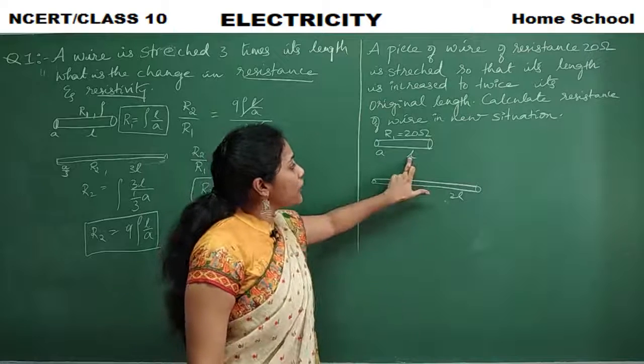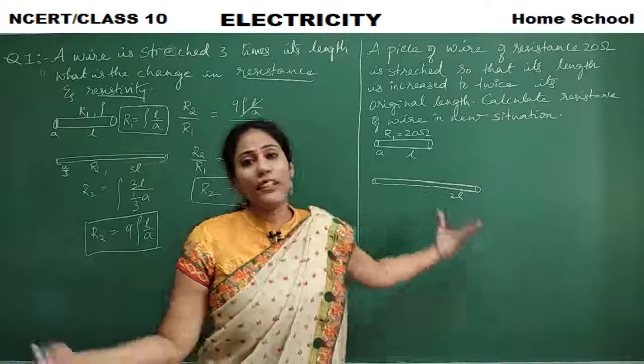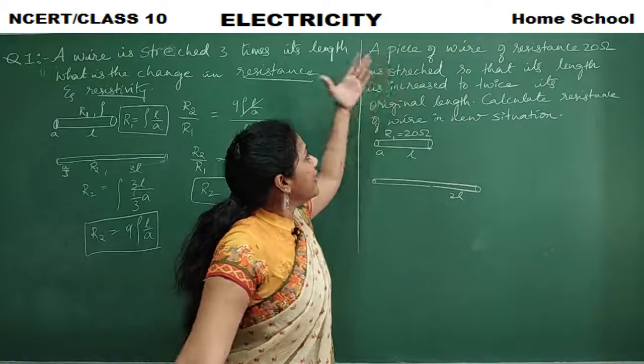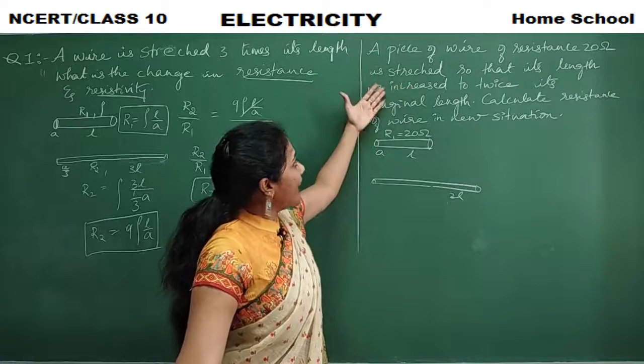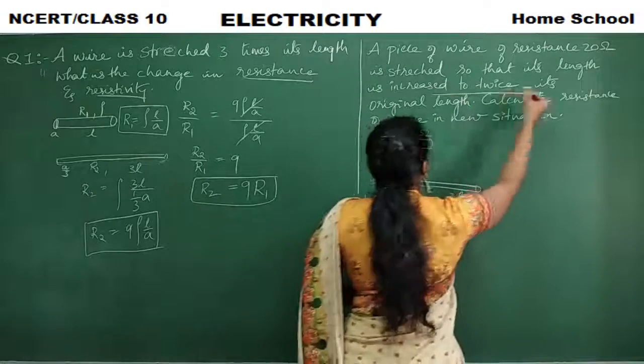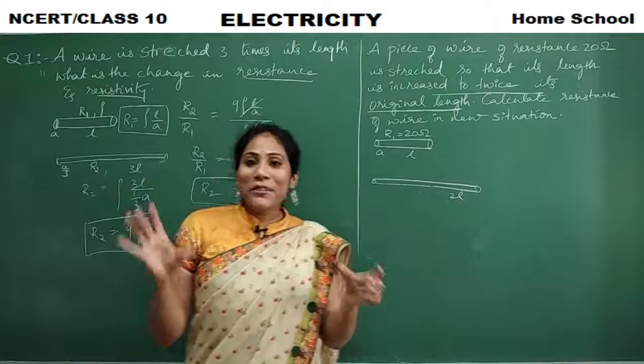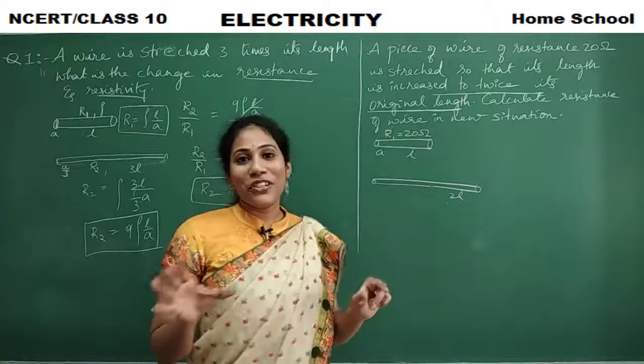If the length of the original wire was L, the length of the new wire would be 2L, because they clearly said that it is stretched and its length is increased to twice its original length. Sometimes you have to be careful with the language also.